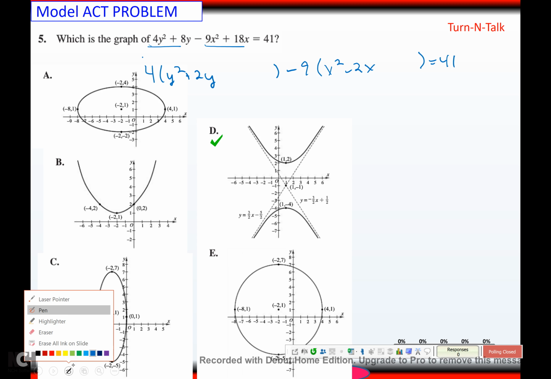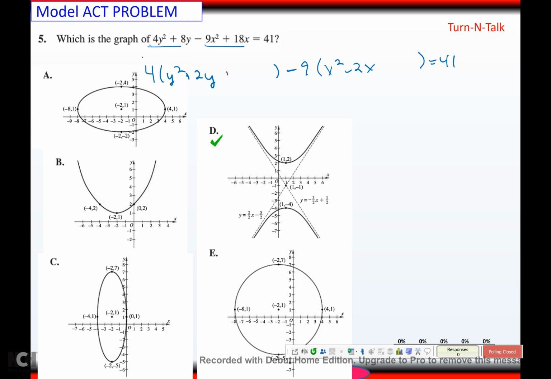So now on the inside, I'm going to have to add half of b, squared. So I'm going to add half of 2 squared. 2 divided by 2 is 1, squared is 1. On the other side, I'm not just adding 1, I'm adding 4 times 1. Does that make sense? I divided that 4 out.